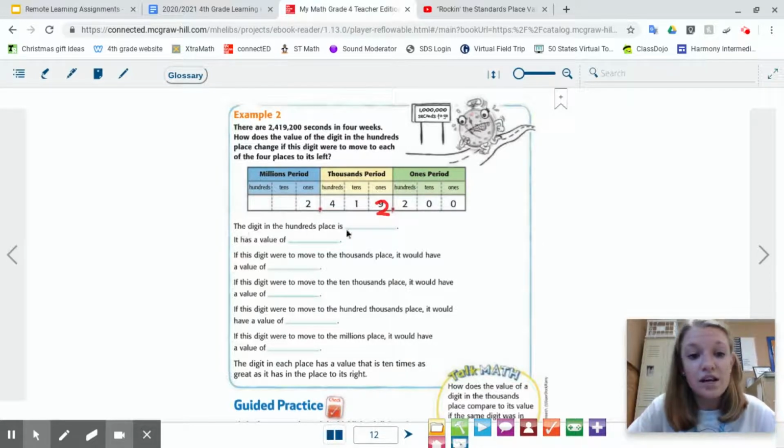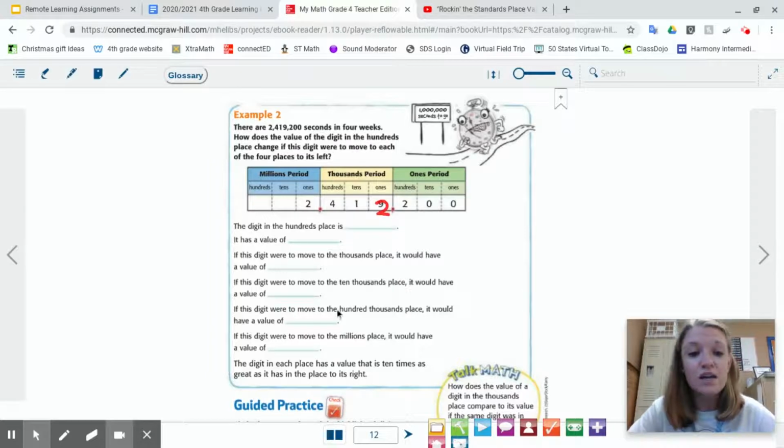So the digit in the hundreds place is 2. It has a value of 200. If the digit were to move to the thousands place, it would have a value of 2,000. If the digit were to move to the 10,000s place, it would have a value of 20,000. If the digit were to move to the 100,000s place, it would have a value of 200,000.